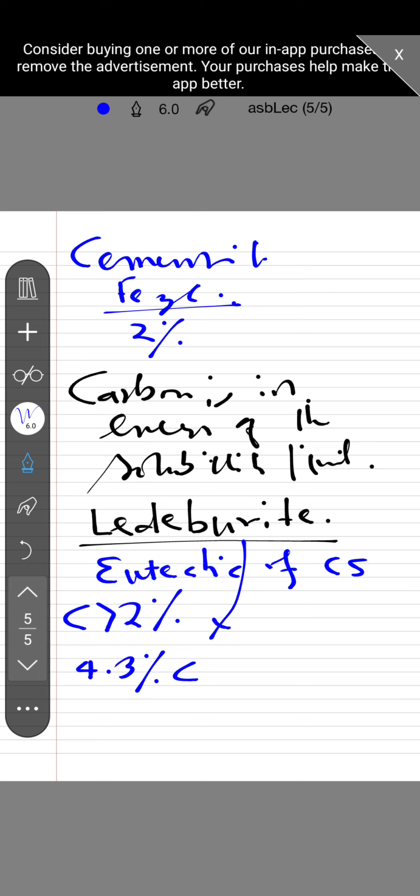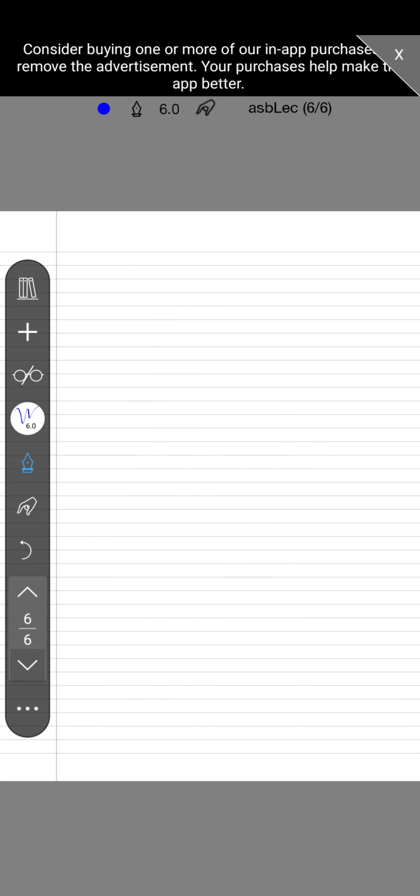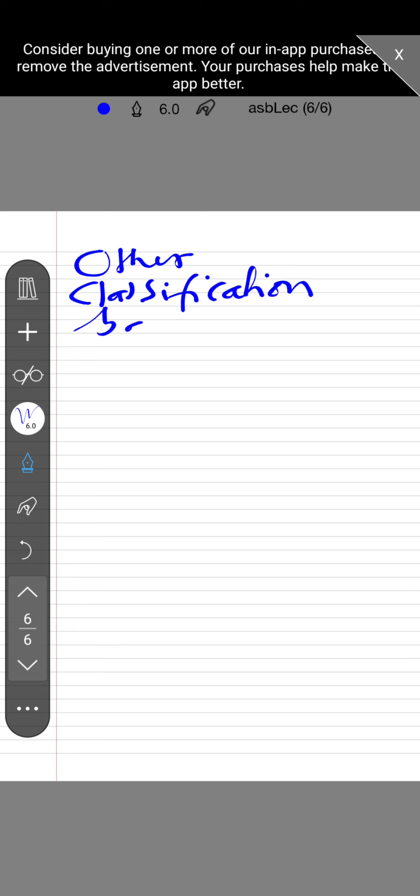Apart from these transformations, there are other classification bases as well.